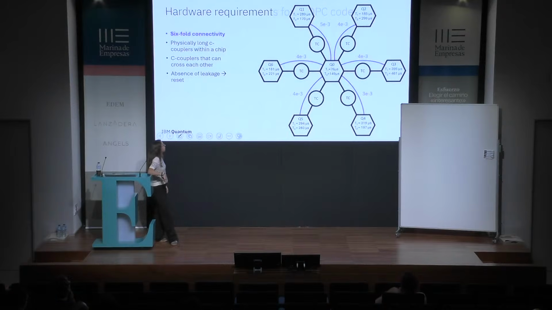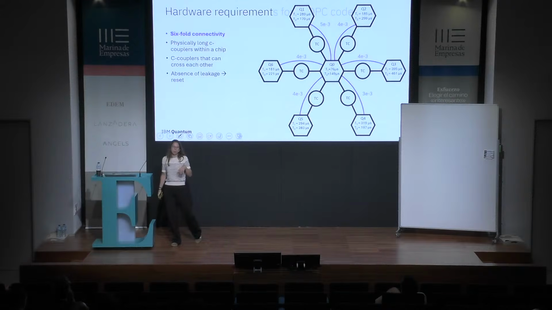Here are some experiments that demonstrate each of these requirements from chips that are not as large scale as the ones such as Loon that integrate all of these technologies together, but just demonstrating each of these requirements one by one. This is a demonstration of a qubit coupled to 6 tunable couplers around it.